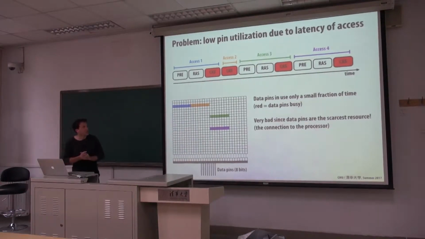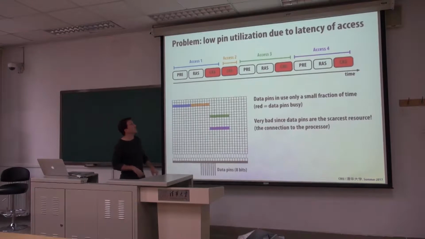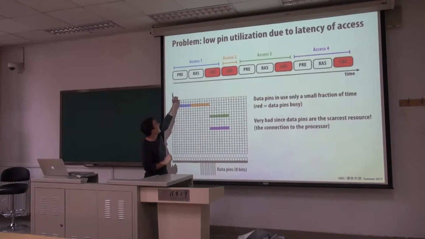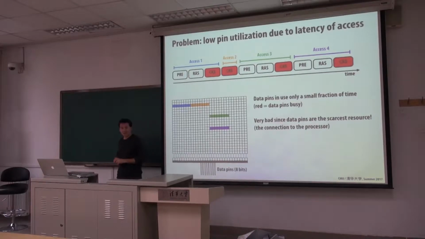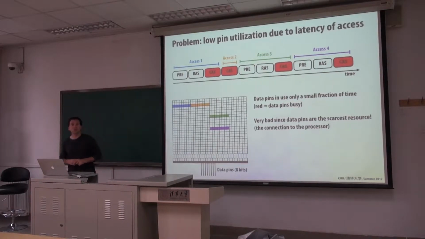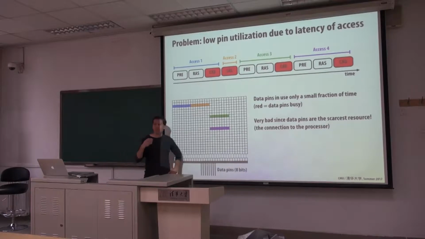So if every time, or sometimes, I read data, I have to pay the penalty of pre-charge and RAS, there are some things I could do to lessen the cost of that penalty. One thing would be to say, DRAM does not return single bytes of data, even though it can only return 8 bits at once, because that's what the bus size is.